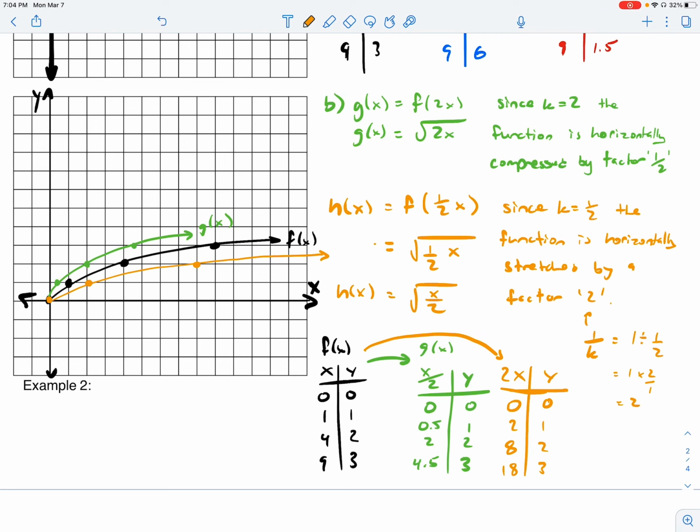Okay, that's h of x. This one right here, h of x. So notice the x distance gets doubled. Here we have 4 to this point. Now that turns into a distance of 8. 1 for this one turned into a distance of 2. So the x values were multiplied. It was horizontally stretched.